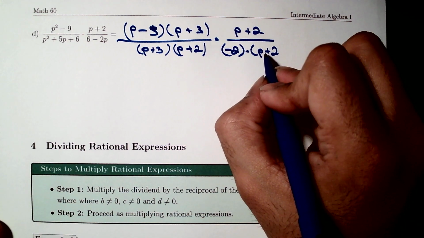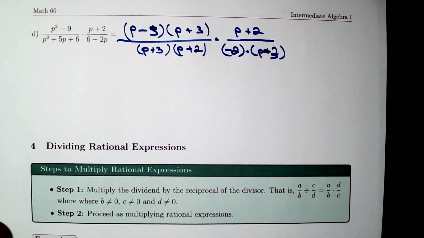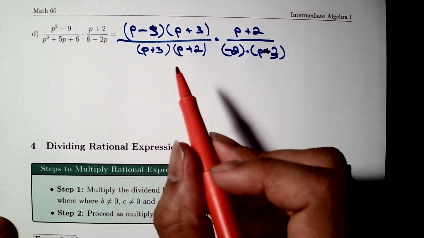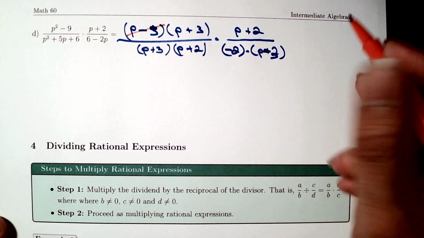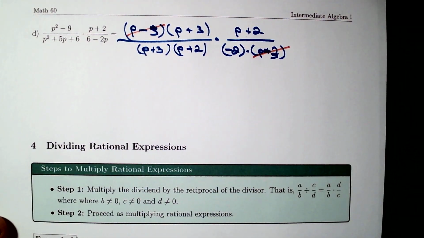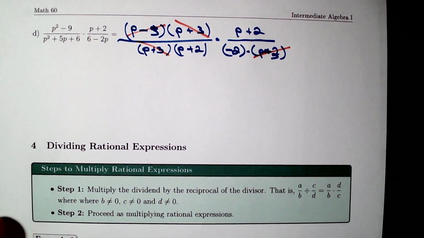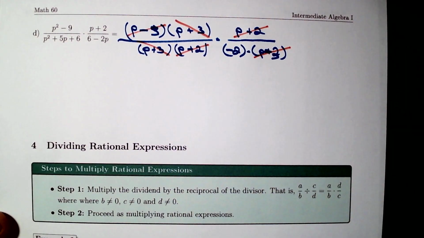P in this case minus 3. P minus 3. Okay, so in this case we are all ready to divide out every single common factor. So p minus 3 will go with p minus 3. P plus 3 goes away with p plus 3, and p plus 2, p plus 2.